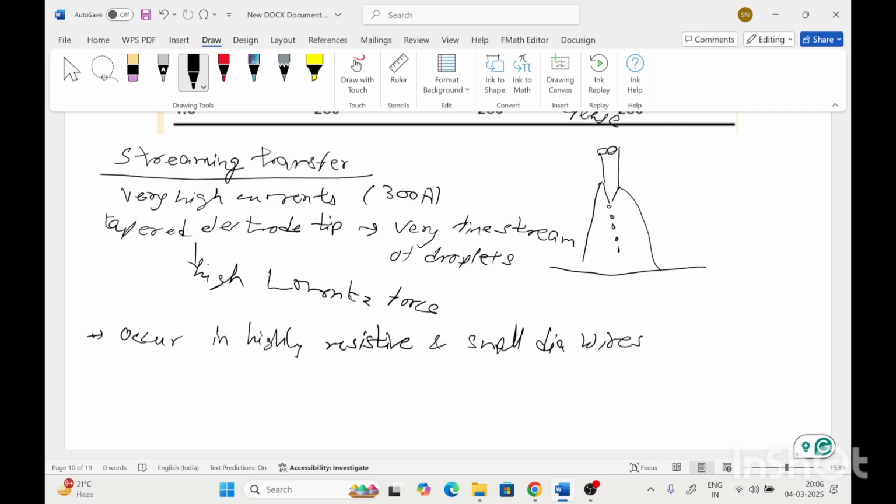Because of this, the weld pool turbulence will be high, which will alter the weld microstructure. Means in the turbulence, the microstructure will be fine. So this streaming transfer is used for welding applications.